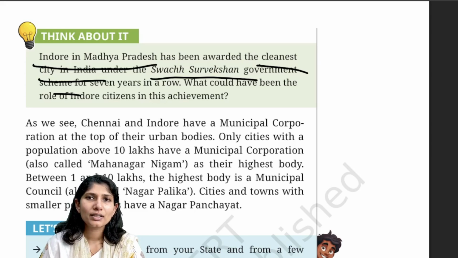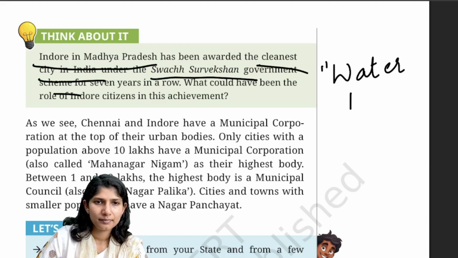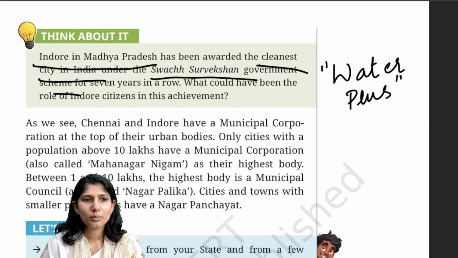What is this water plus status? Water plus status means it is also trying to do sewage management.